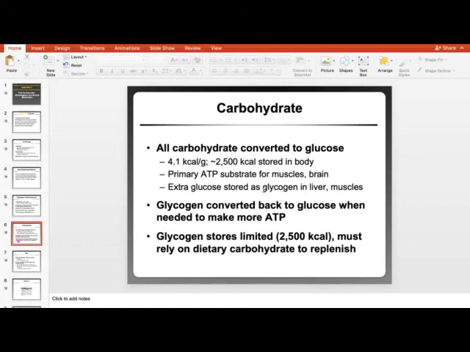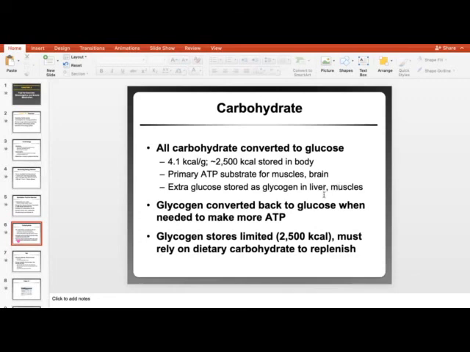Glycogenolysis is when your body stores extra glucose in your liver and muscles as glycogen. And then if there's not enough glucose in your bloodstream, your body will cut this glycogen in two through glycogenolysis. That glycogen is stored in your liver and muscles. Much more is stored in your liver than your muscles.